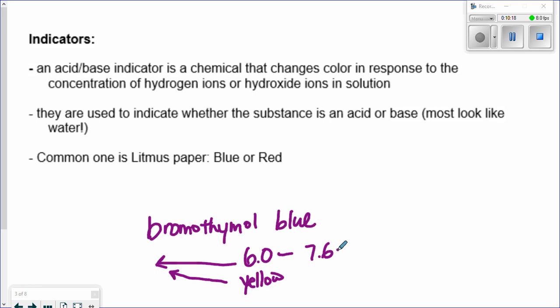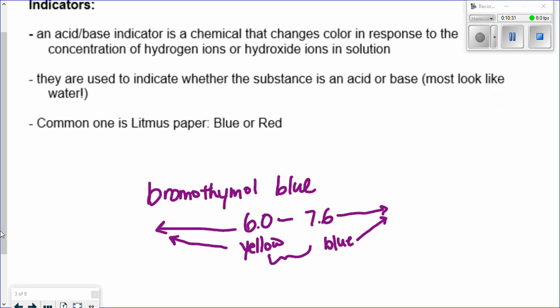If it is greater than 7.6, it ends up blue. And if it's in between, this is again Science 30 stuff, but it's kind of interesting, it's actually green. That's your art color wheel stuff: the mixture of yellow and blue ends up being green. So if we put it into a colorless solution and it turns green, we know that the pH needs to be between 6 and 7.6.